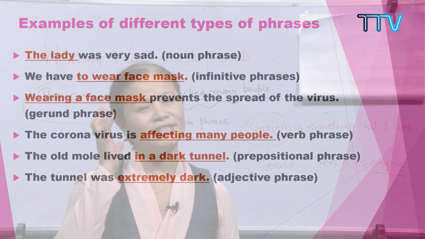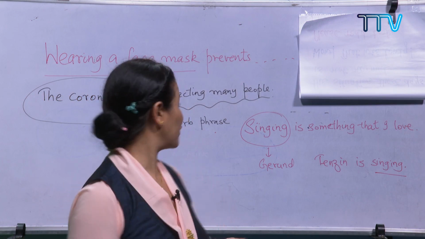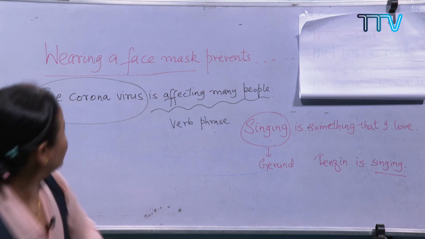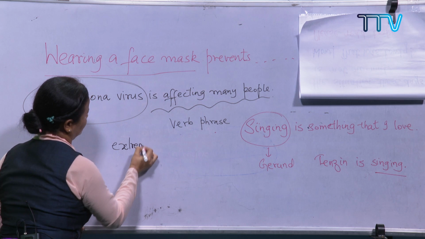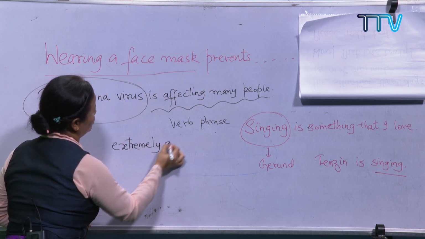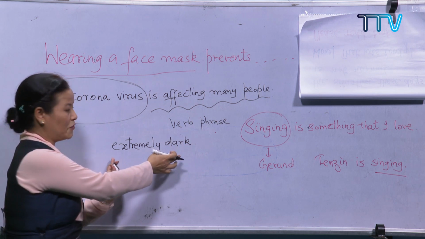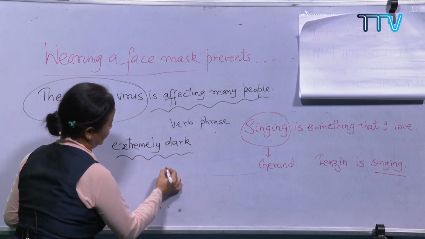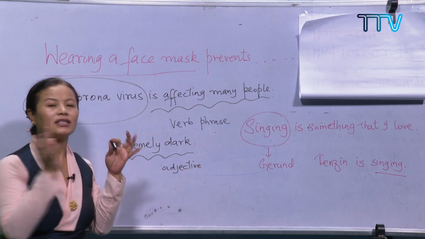Keep that in mind and think why extremely dark is an adjective phrase. Okay, let me write here. The tunnel is extremely dark. Now, extremely dark is a phrase, right? And this is an adjective phrase. Why? Just think about what an adjective is.